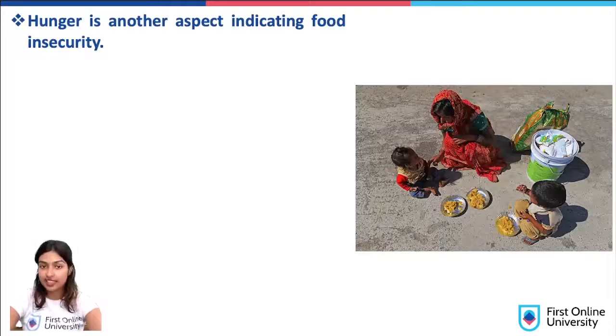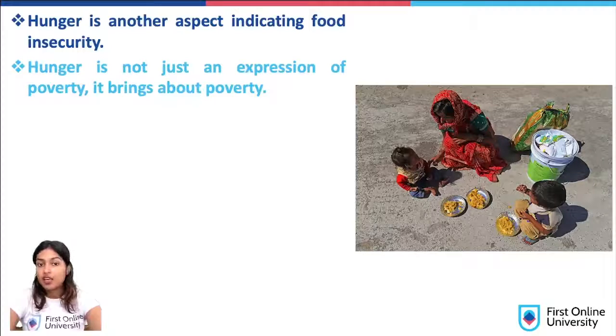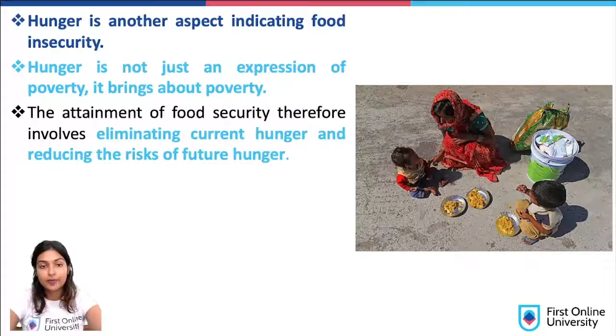Hunger, like I've said, is the main aspect which relates to food insecurity. Food goes along with hunger, right? It's the antonym of hunger. So that's the most basic aspect. Hunger is not just an expression of poverty, it brings out poverty as a whole.